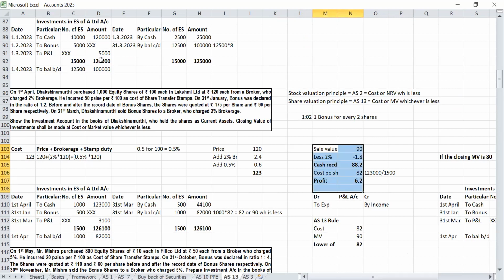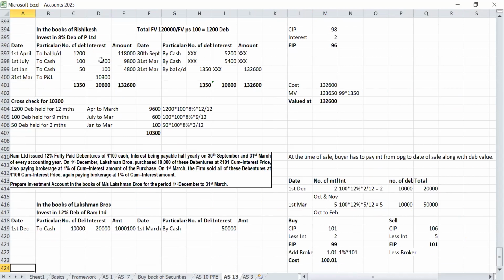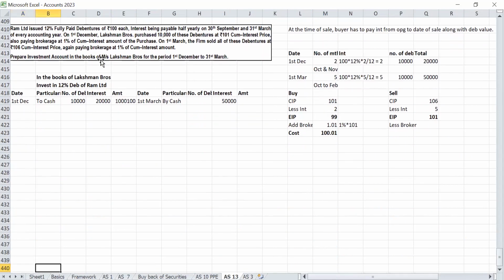So 1% of the cum interest price, which is 106, that is 1.06, you have to deduct.